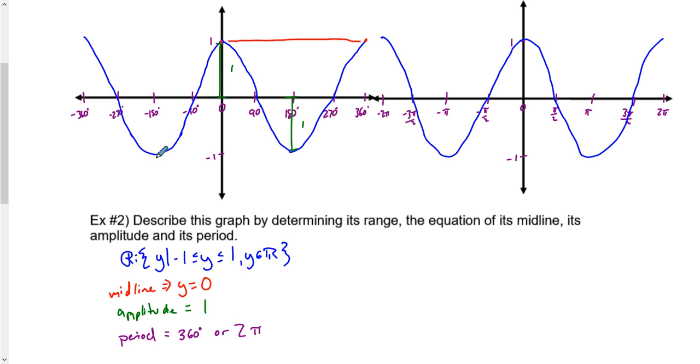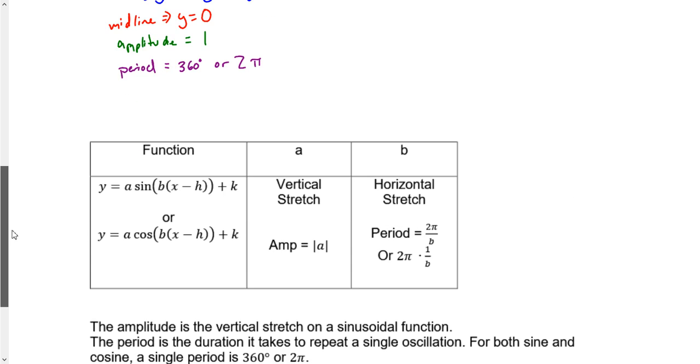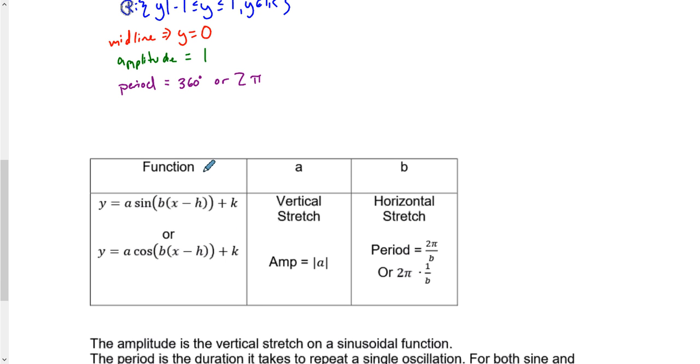Either way, we could also measure from the bottom of the trough to the bottom of the trough, which is -180 to +180, which is still 360. So you'll notice that the characteristics for a sine graph and cosine graph are the exact same thing. At the same time, you'll notice one other thing that we'll come back to in a second. So let's talk about a few things. We are going to talk about some transformations. Now, I'm going to add a little bit of extra space in here.